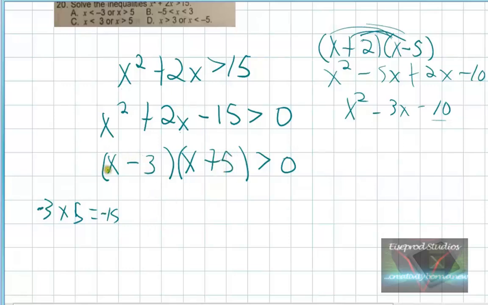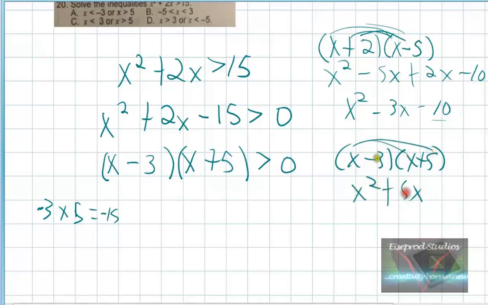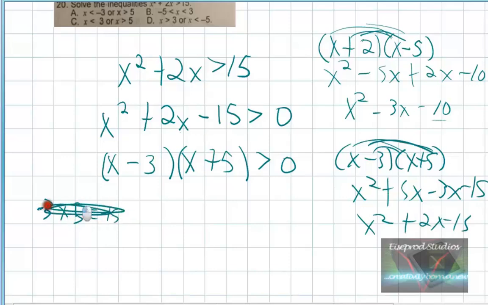If you were to check this and multiply it out, we'd have x minus 3 and x plus 5, and so you would get x squared plus 5x minus 3x minus 15. So then you'd have x squared plus 2x minus 15, which is what we wanted up here. Okay, so now that we have that, I can get this to go away.